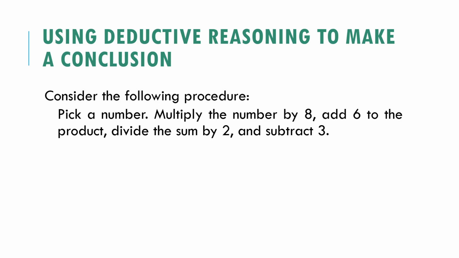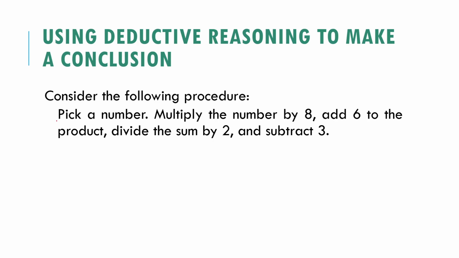Again, recall the definition of deductive reasoning. Deductive reasoning is simply the process of reaching a specific conclusion by using general assumptions or general examples. Now, how can we have a general example in this procedure? Well, what were our examples in our inductive reasoning?